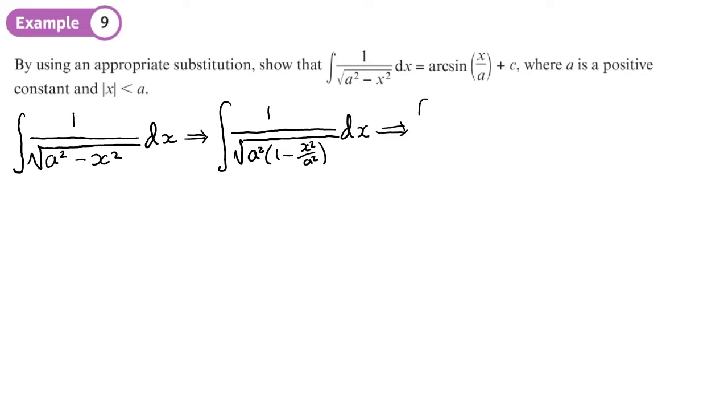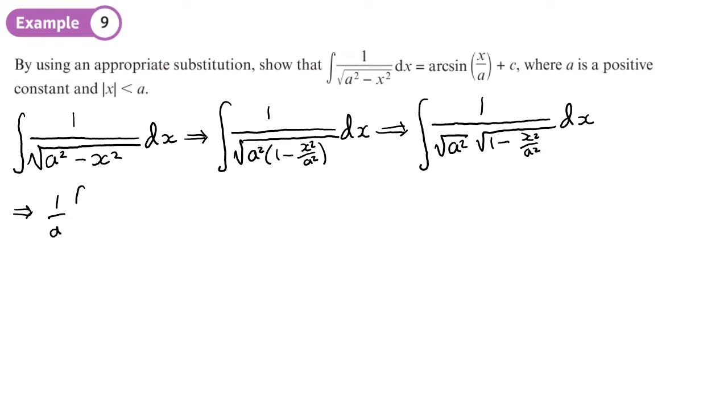Then the square roots can be separated out like this. Now the 1 over the square root of a squared is 1 over a, which is a constant, so we'll take the constant over to the other side of the integral sign, leaving us with 1 over the square root of 1 minus x squared over a squared.